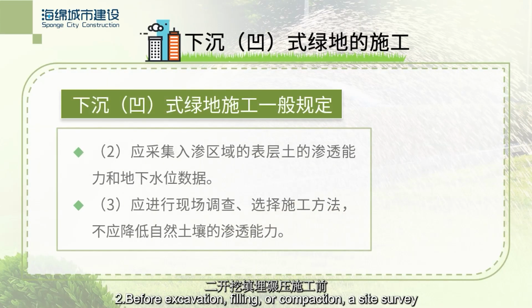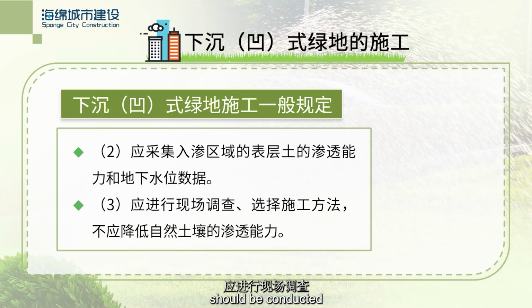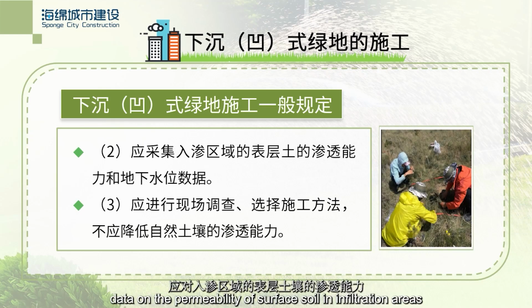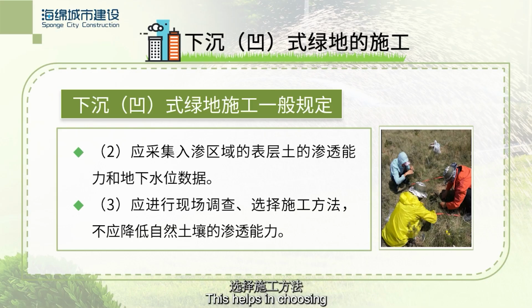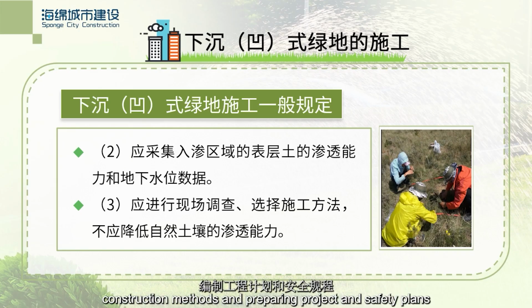Before excavation, filling, or compaction, a site survey should be conducted. For example, data on the permeability of surface soil in infiltration areas and groundwater levels should be collected before construction. This helps in choosing construction methods and preparing project and safety plans.